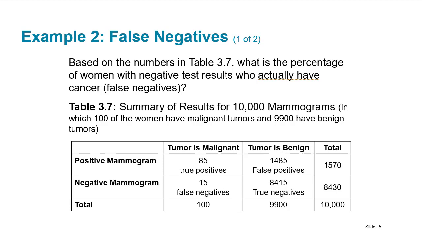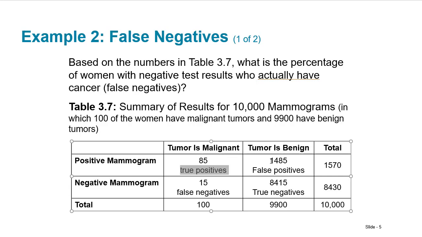So a positive mammogram would mean that you have cancer. So that's why the true positive is in the intersection between a woman who got a positive mammogram and their tumor was malignant.